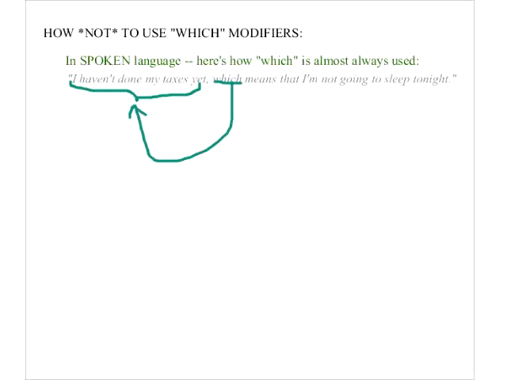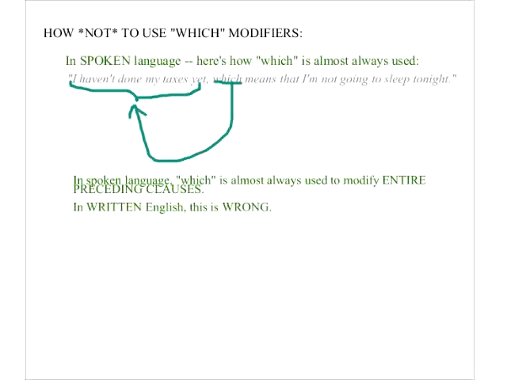So in spoken language, when you listen to people talk in spoken English, this is what they almost always do. Which is almost always used to modify entire preceding clauses. In written English, this is wrong. Make sure you don't do it. In GMAT prep, there are lots and lots of problems in which this is done.